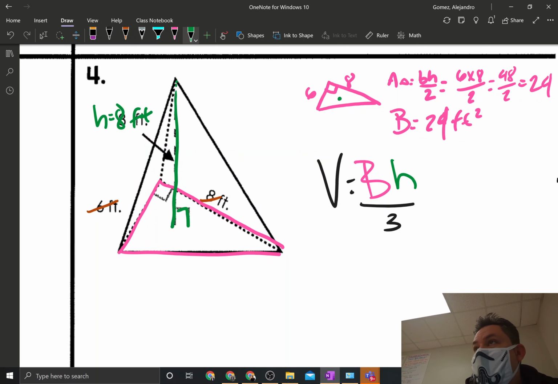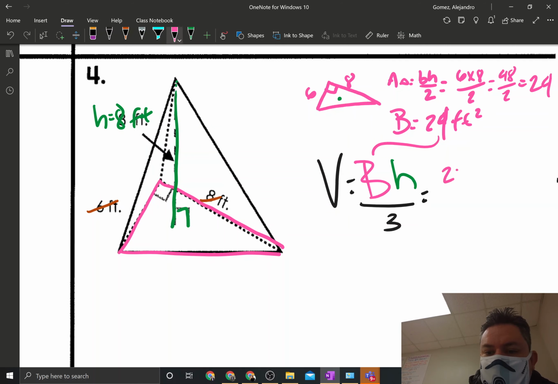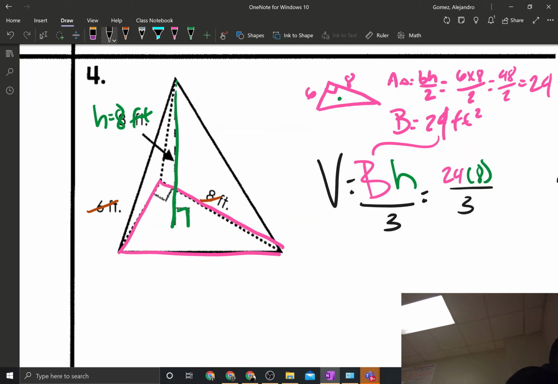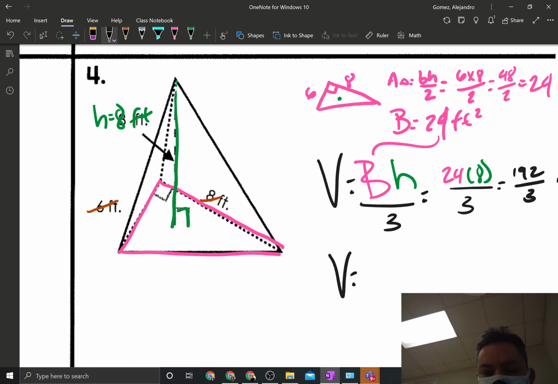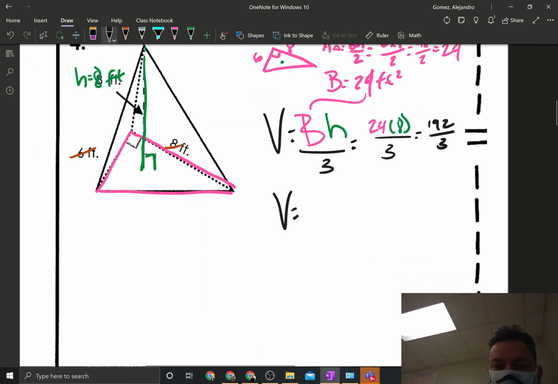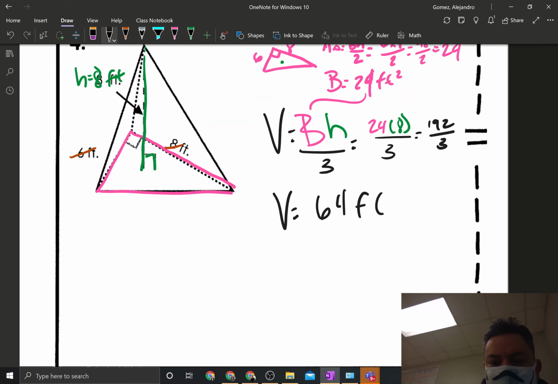That's the only number that I haven't used, right? So I'm going to plug in the values. Big B is 24. The height, we're going to multiply by 8. And lastly, we divide by 3. When I multiply 24 times 8, I get 192. Divide by 3, and you get 64. So the volume of this triangular pyramid is 64 feet cubed.